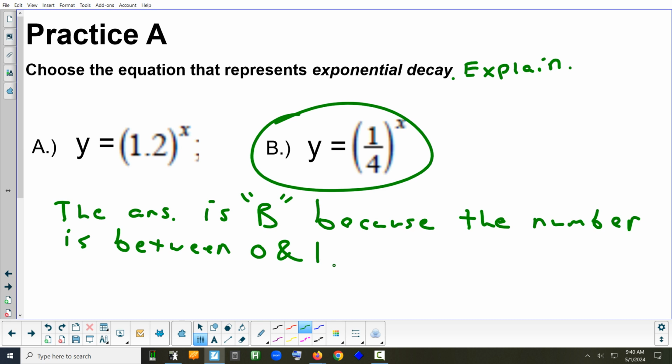That's why it's B. The b value right here is between 0 and 1. So if B is exponential decay, A is exponential growth. Yep, because the value right here is bigger than 1.